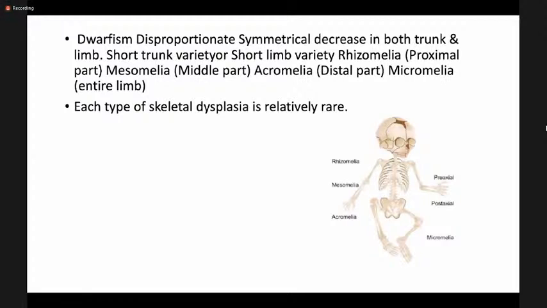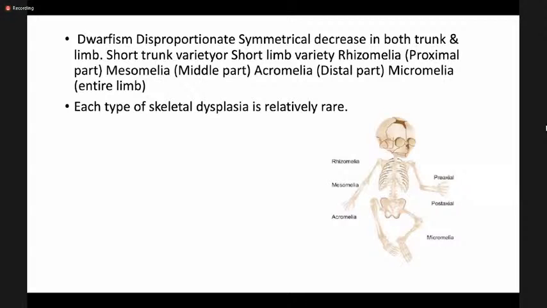And you can see from that picture, when it's the proximal part, the term rhizomelia will be used. When it's the middle part, then you have mesomelia. And the distal part, we use the term acromelia.